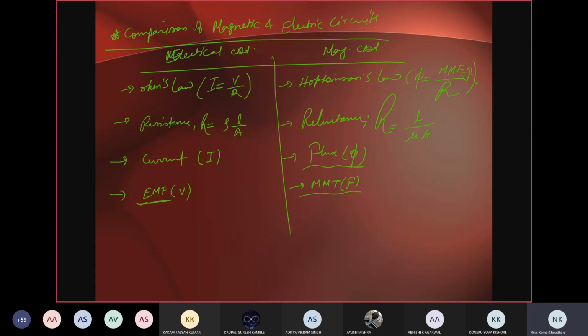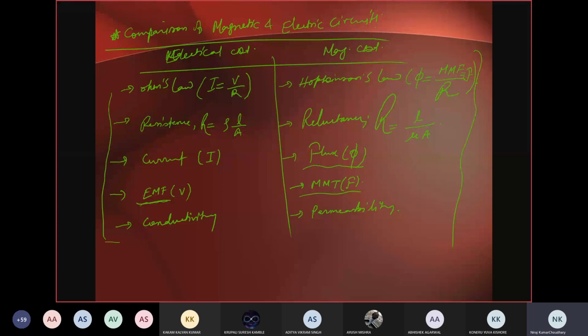Here, in the electrical circuit, you have conductivity; there you have permeability. So these are the different analogous components.